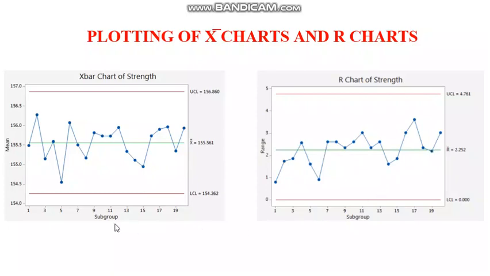Samples means subgroups. 20 subgroups are there, and if in each sample 5 items are there, then 20 into 5, so 100 items were checked. After checking 100 items, we are getting these two plots. It is time consuming and tedious, isn't it? If you check 100 samples, you will get this.